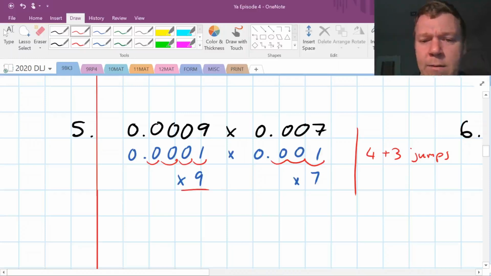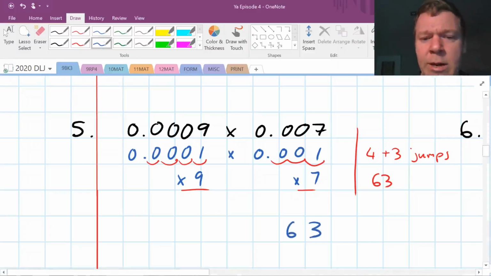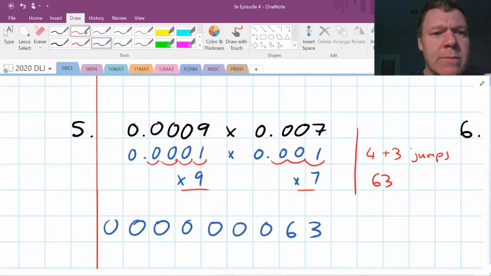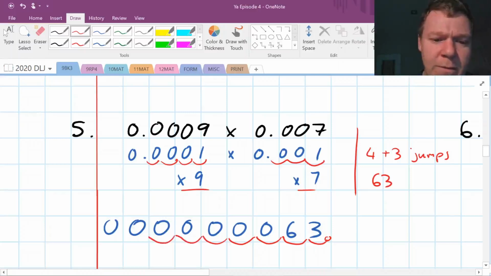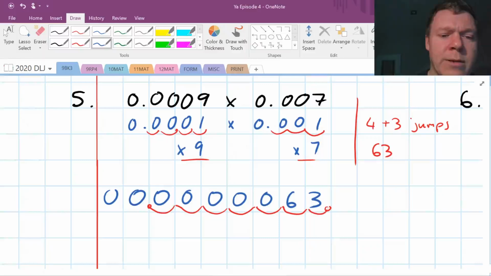And then we've just got 7 times 9 makes 63. We know it's going to be really small, so we'll just put heaps of zeros out here. And then we'll just do our 7 jumps. 1, 2, 3, 4, 5, 6, 7. And there's our number. Seems quite ridiculous.